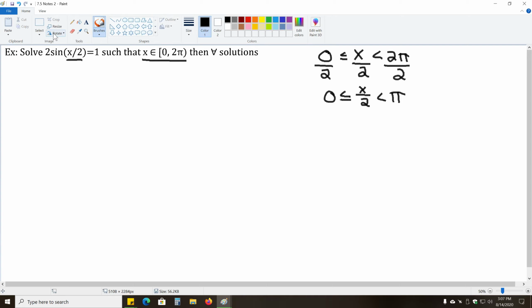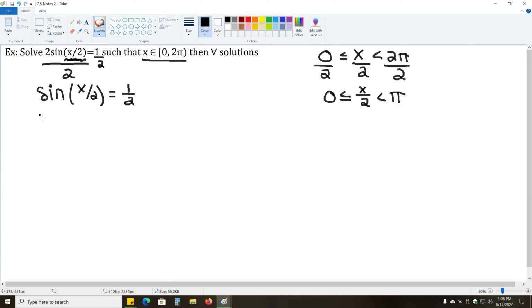Now we can begin solving for x over 2. We'll start by dividing each side by 2 to get sine of x over 2 alone. Just ignore this right here. This was just to make a note earlier. So when we divide each side by 2, we get sine of x divided by 2 equals 1/2.